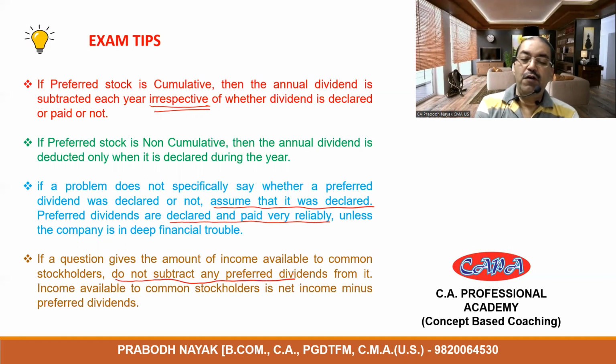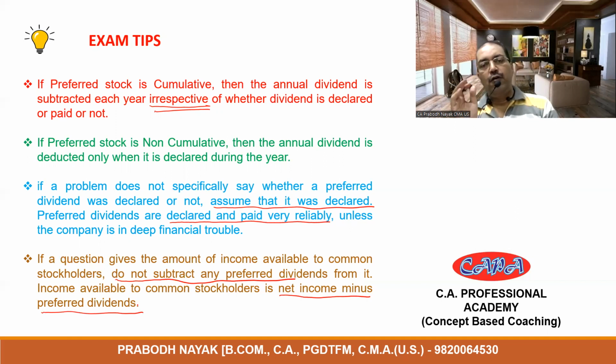Why? Because it has already been subtracted and they have arrived at the final figure. Then there will be double calculation. Income available to common stockholders is net income minus the preferred dividends already. So you don't have to subtract further.